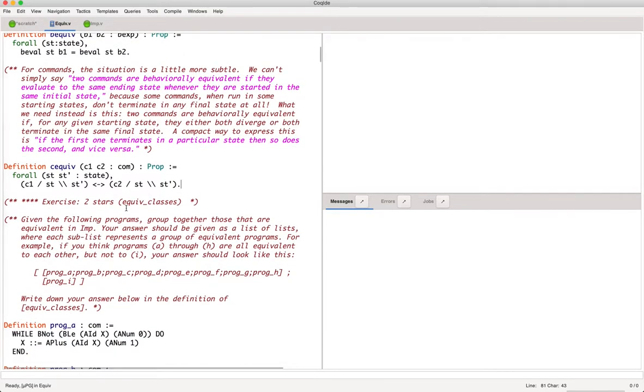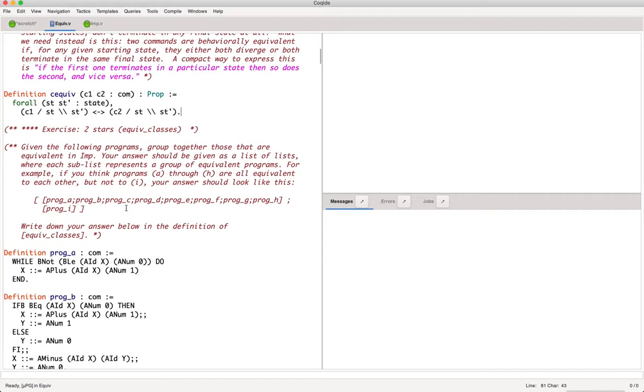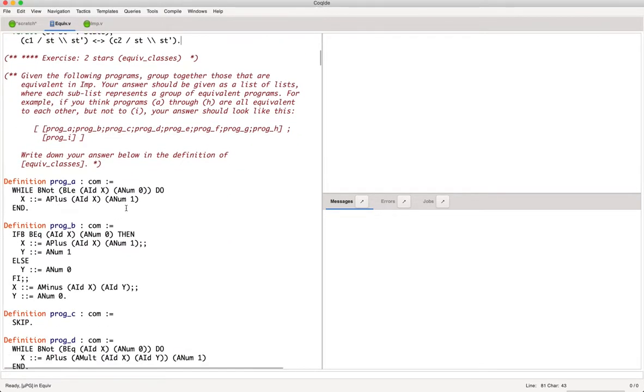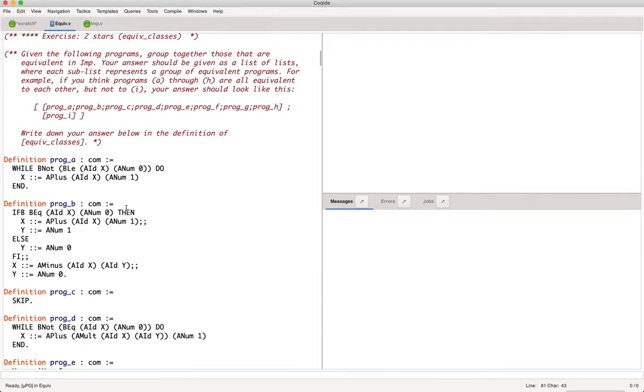The next part is just a pencil and paper exercise to get you thinking about equivalence. The idea is that there's a bunch of programs here, 7 or 8 or something, no, 9 I think, and what you've got to do is look at the programs and try and determine which ones are equivalent with which other ones, using that definition of command equivalence that we've just defined.